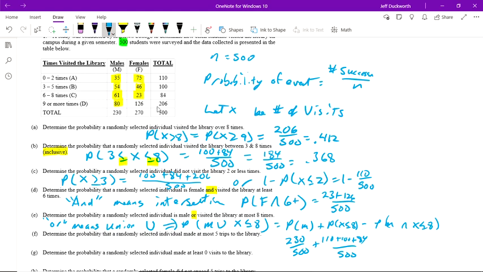So what do we have there? I'm going to do another color. The intersection are those, right? So what do we have here? 35 and 54 and 61.